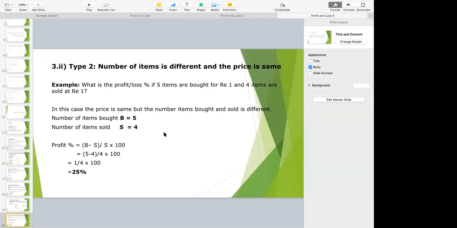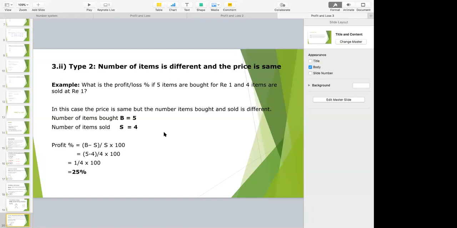See guys, generally for these types of questions, people try to find out the cost price per item and the selling price per item, and then they go for SP minus CP upon CP into 100. Finding the price per unit is not difficult, but it depends on the values.